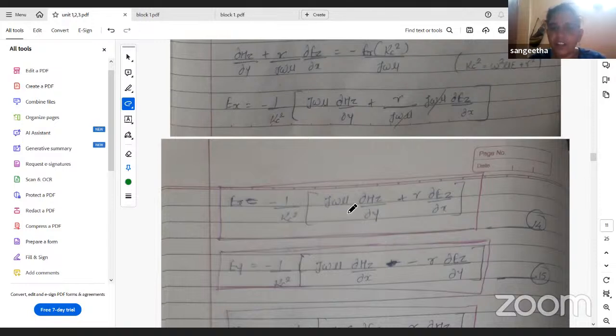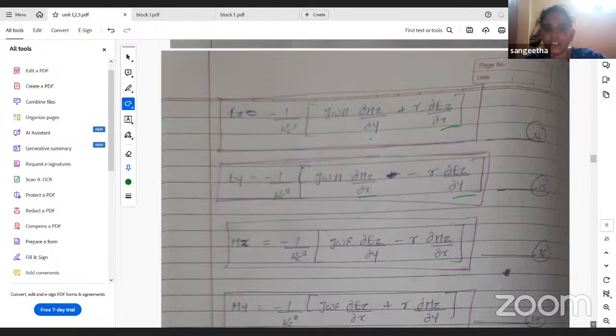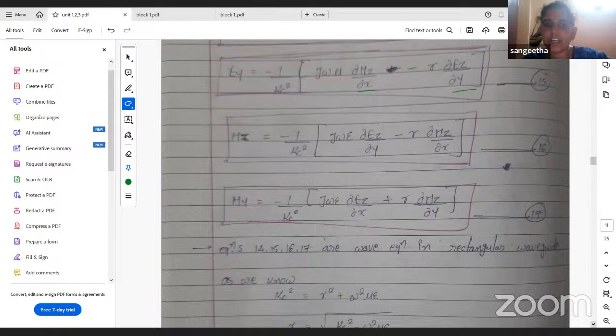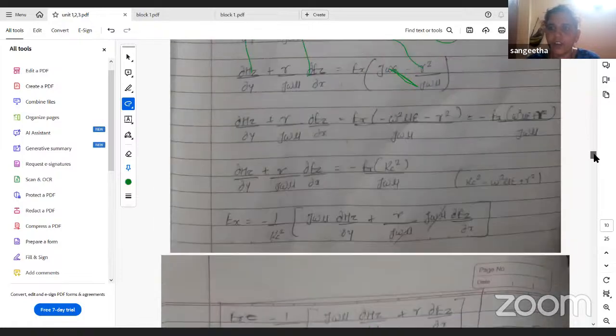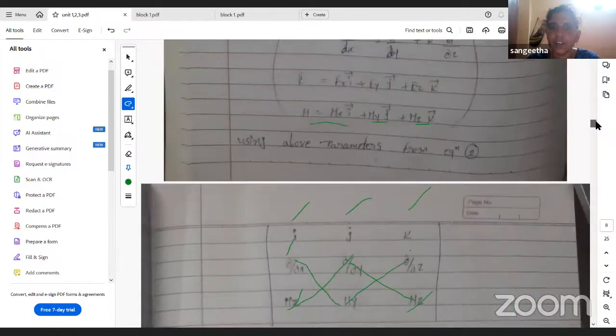For Ex, here you have dou y, here you have dou x. For the Ey term, you have dou x, and the next term is dou y. Similarly, we write the four equations again: Ex, Ey, and similarly Hx, Hy. If I write these here, we get the rectangular waveguide equations. So totally how many equations did we simplify? First, I wrote four components, Hx, Hy.